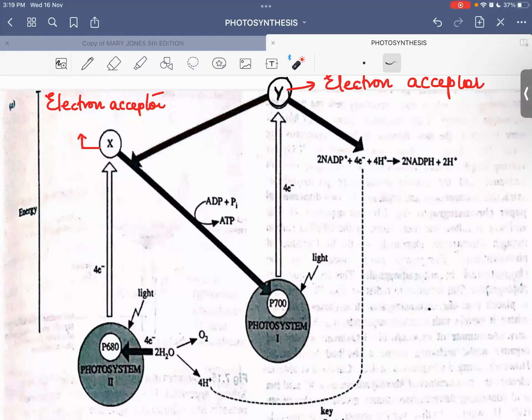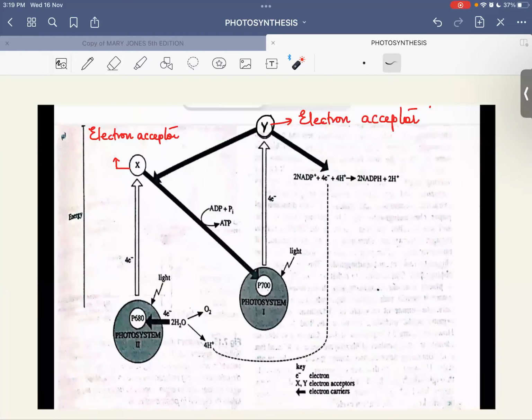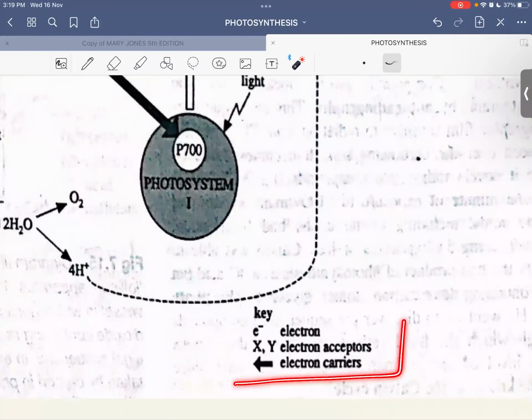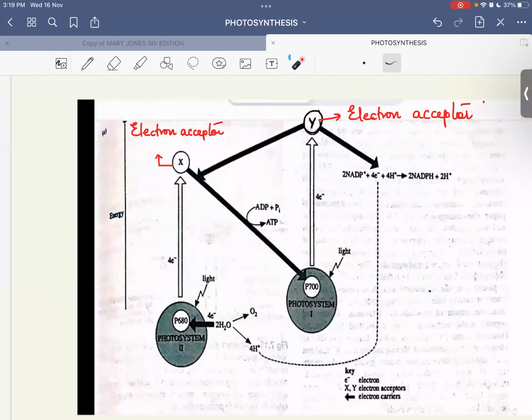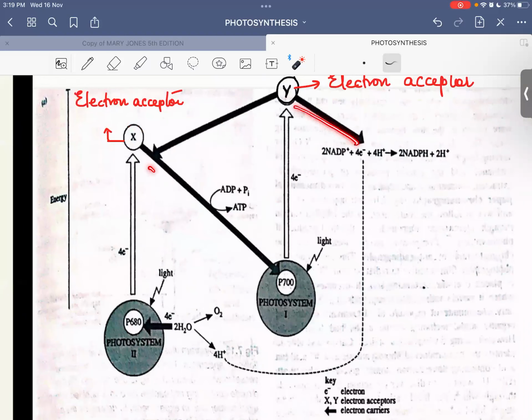ठीक है? अच्छा, एक और चीज देखो, ये जो आपको बता रहे हैं ना, ये देखो, this is the key. The key is telling you that this thick arrow represents electron carriers. तो इसका मतलब हुआ कि wherever you see these thick arrows, there's a thick arrow over here, there is a thick arrow over here, and there's one arrow over here. So wherever you see them, it implies that there are electron carriers over here. तो इसका मतलब यहाँ पे बहुत सारे ETC लगे हुए हैं, right?